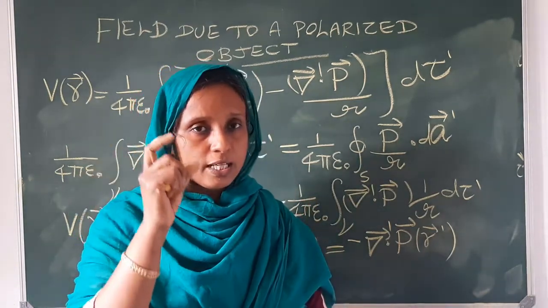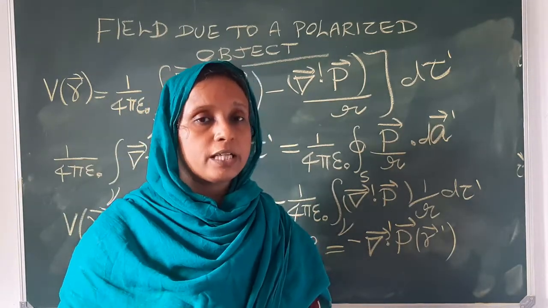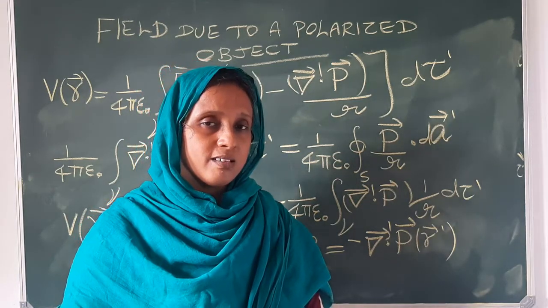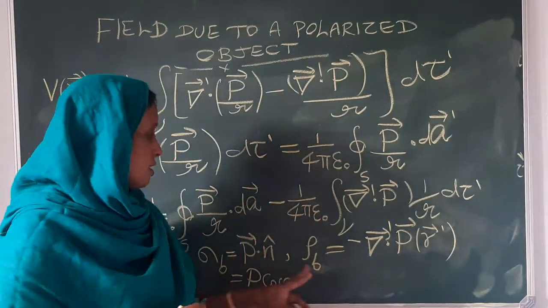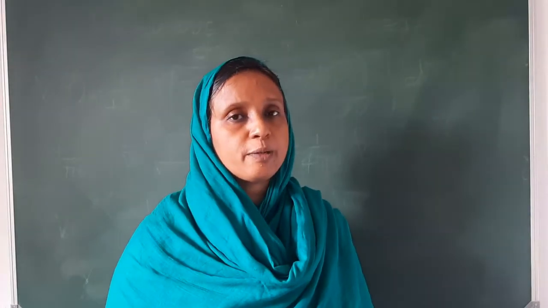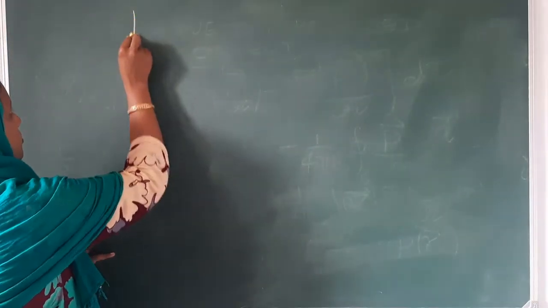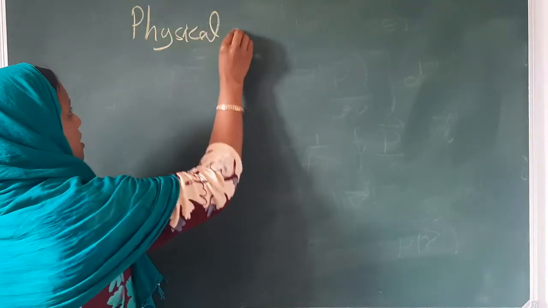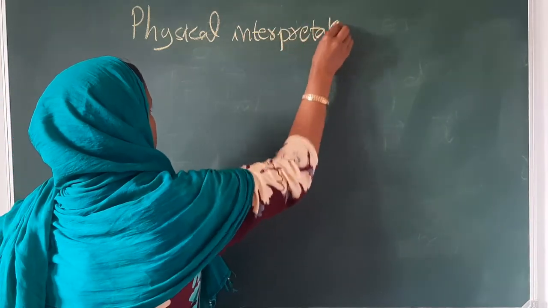Once you get the electrostatic potential, you can find out the electric field using the expression E equal to minus grad V. Okay, now we can think about the physical meaning of this sigma b and rho b. Physical interpretation of bound charges.